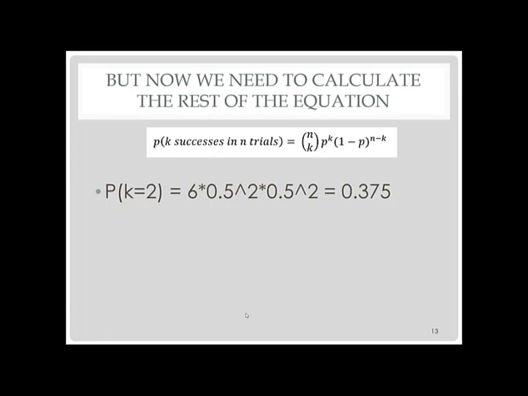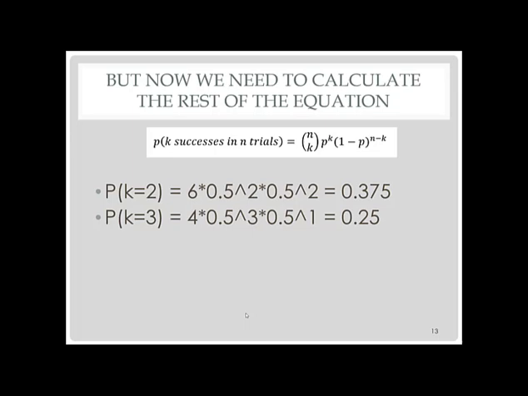So let's look at K equals 2 first. Probability K equals 2. That 6 is from the last slide. 6 ways to get 2 heads. And then that's 0.5 raised to the 2 times 0.5 raised to the 2. And that gives us 0.375 probability. We could have written that in shorthand, 0.5 raised to the 4.